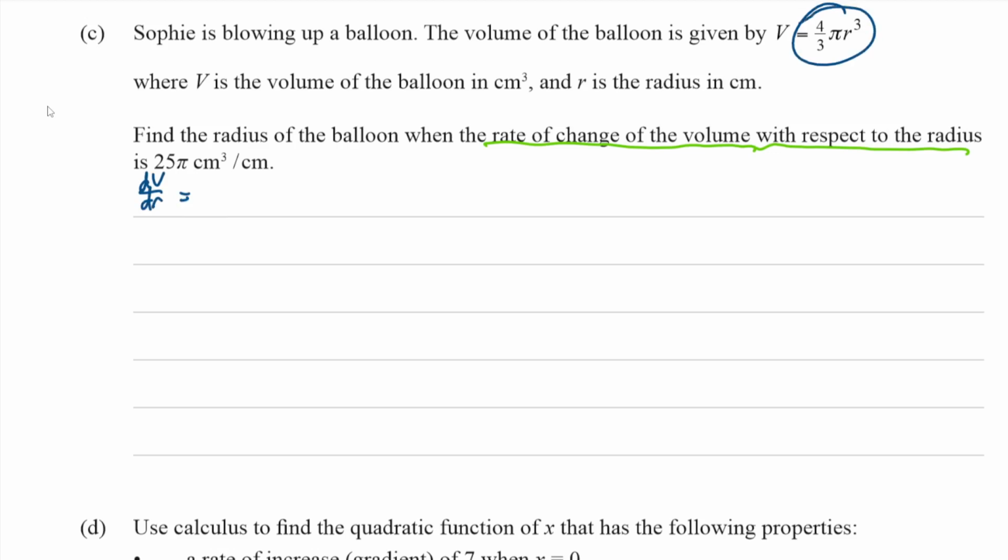So looking at our volume equation, since we're differentiating with respect to r, we take the power of r, multiply it out the front, so 3 times 4 over 3, and then we reduce the power of r by 1. So 3 minus 1 gives 2. And just to simplify that, 3 divided by 3 leaves us 4 times the radius squared.